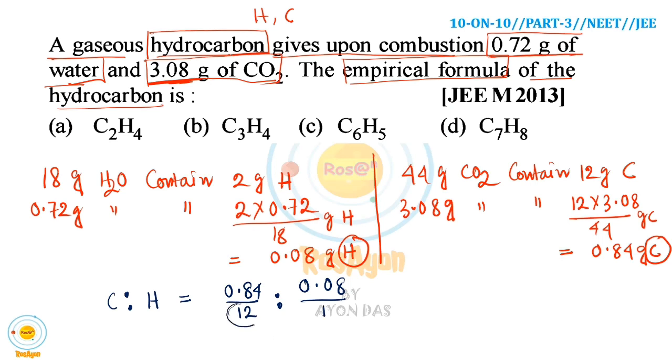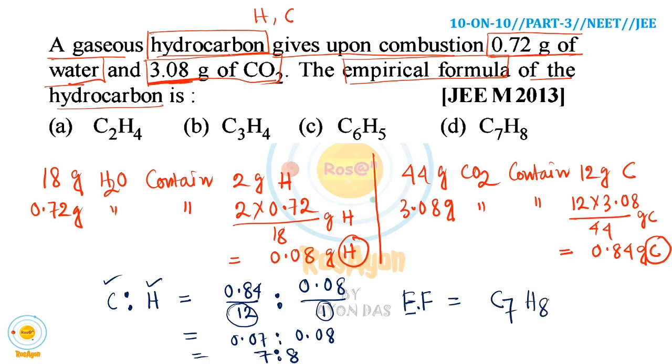Here 12 is the atomic weight of carbon and 1 is the atomic weight of hydrogen. That equals 0.07 to 0.08. That means 7 to 8. So the empirical formula of this hydrocarbon equals C7H8. So the right answer is option D, C7H8.